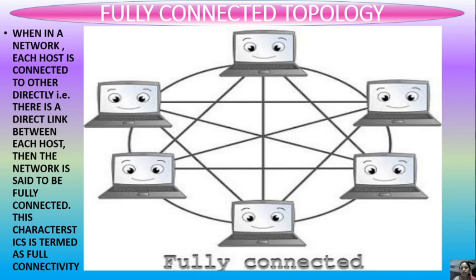So when in a network each host is connected to the others directly, that is, there is a direct link between each host, then the network is said to be fully connected. This characteristic is termed as full connectivity. So this is the last topology type.